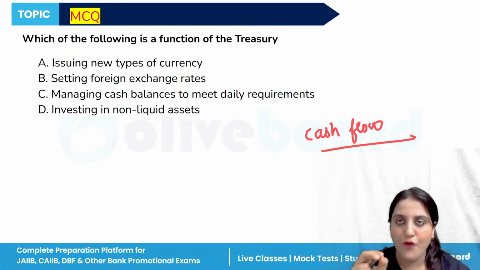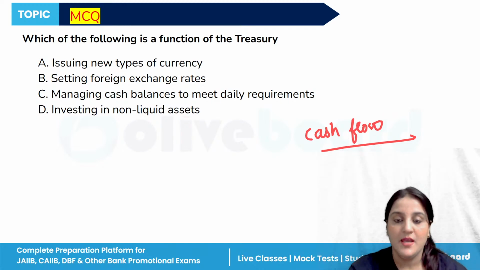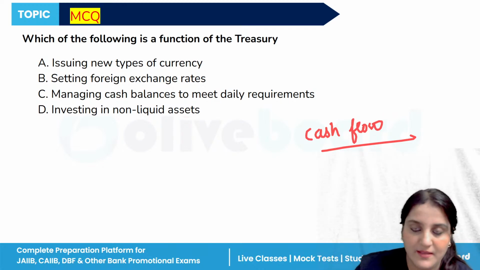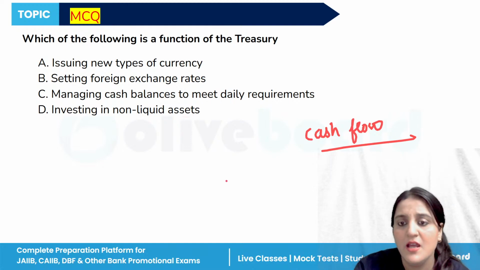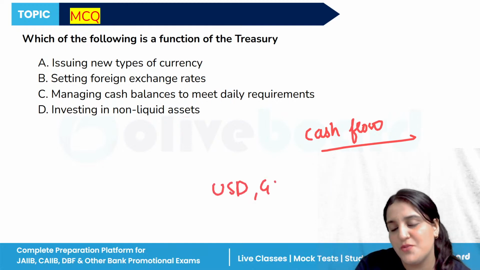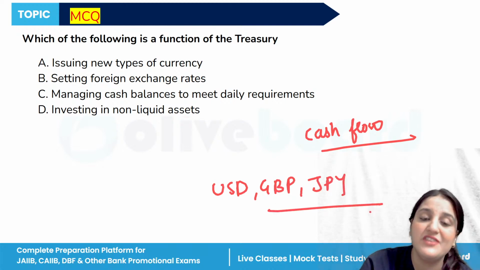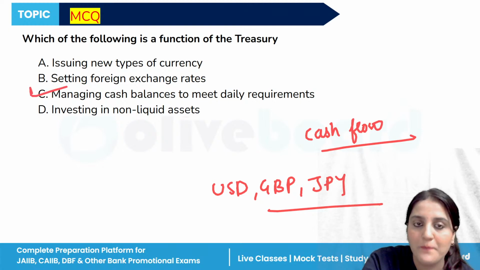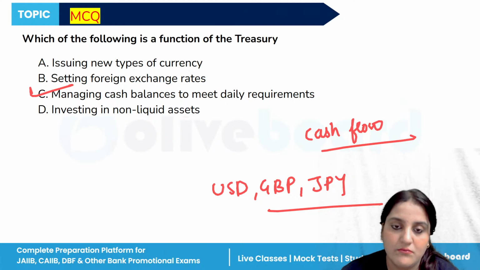Forex market, foreign exchange market, is the most liquid market for free currencies, as free currencies like major currencies which are fully convertible, like US dollar, British pound, JPY, etc., can be readily bought and sold here. That means option C is correct here, meeting the daily requirements.